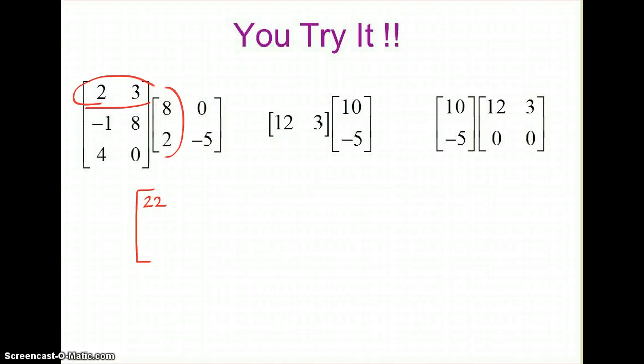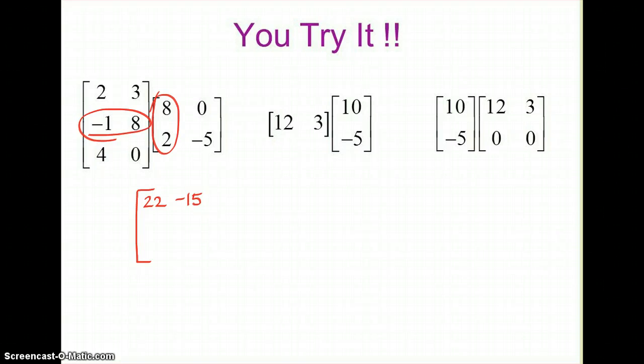Then I stick with row 1, and this time I go to column 2. In this one, 2 times 0 is 0, and 3 times -5 is -15, so my second element is -15. All right, I've finished everything with row 1, so now it's time to switch to row 2 and repeat the process with those columns.